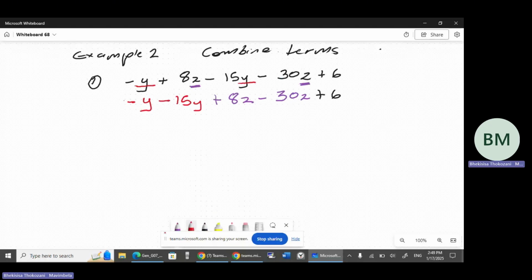So remember, when the signs are the same, we take one sign, then we add the numbers or the terms. In this case, we have 1y minus 15y.